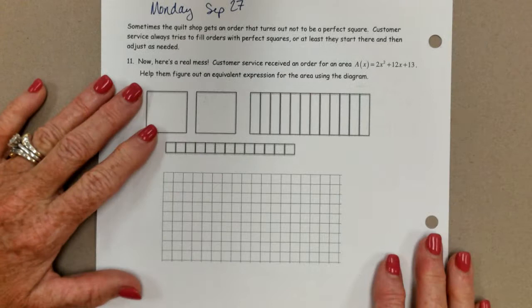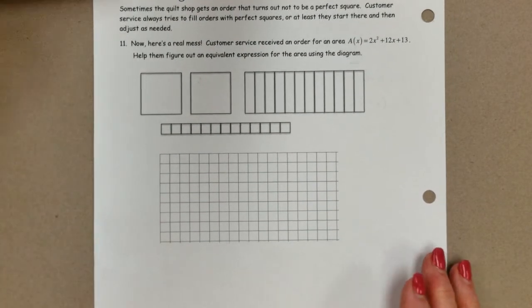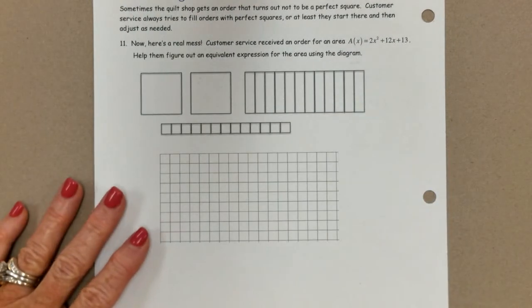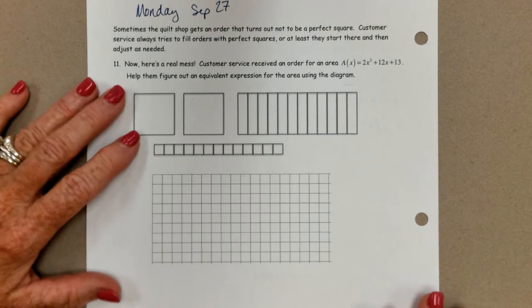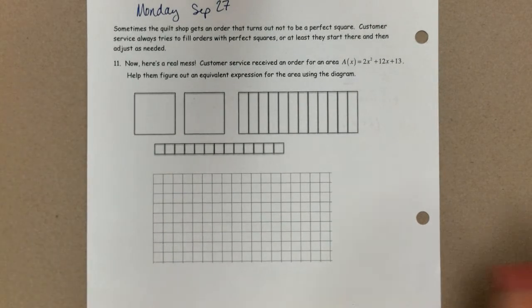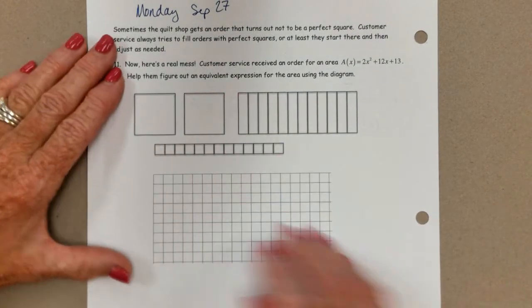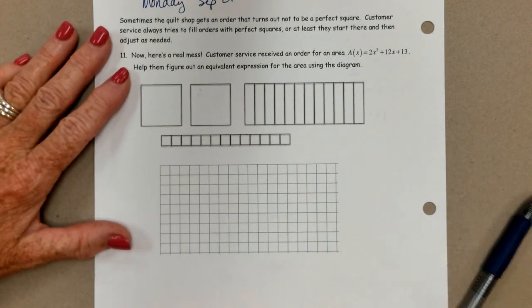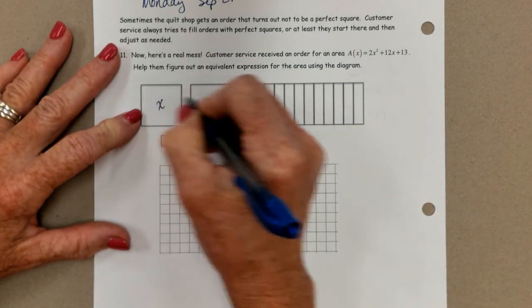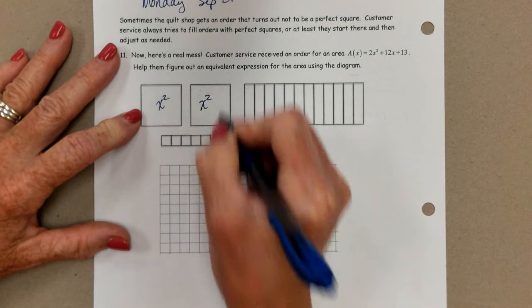Okay. Now let's go do number 11. Okay, so again, we have these pieces over here. So if we go ahead, we know that this is all x squared, and this is x squared.